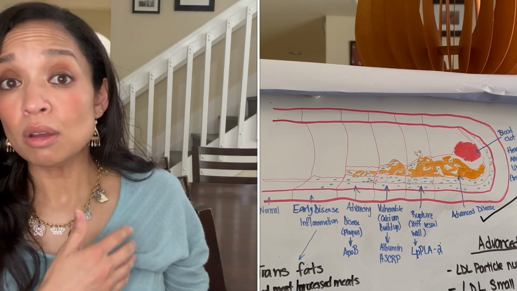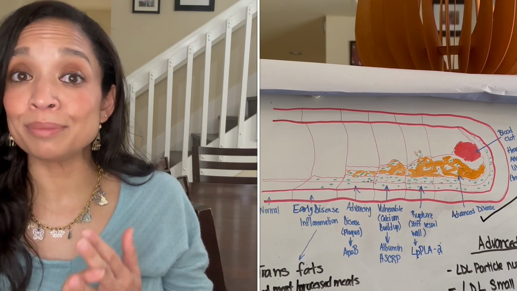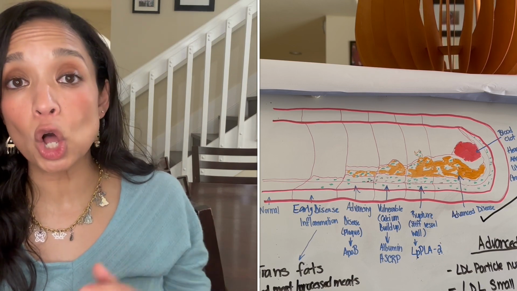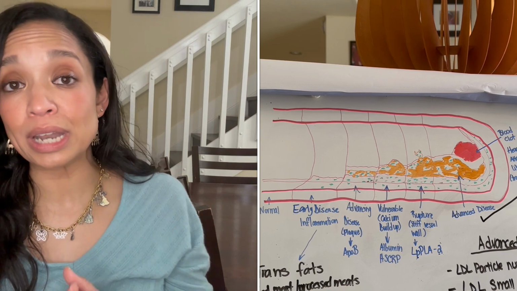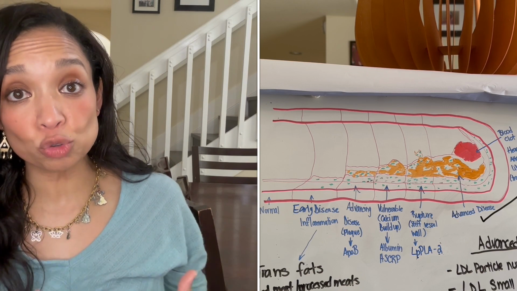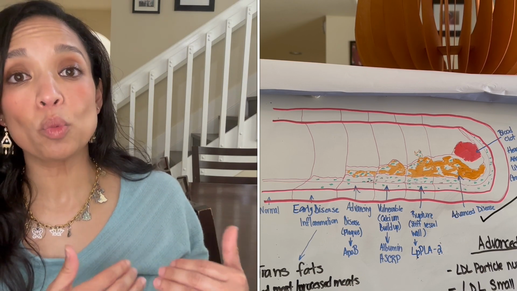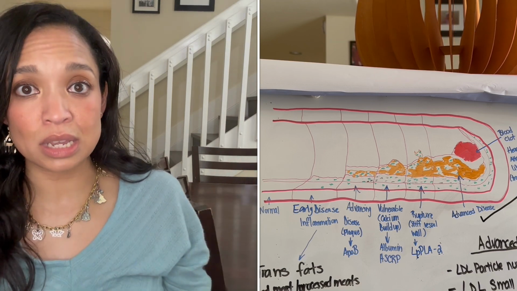And eventually, because of our dietary practices, not exercising, things like smoking and alcohol consumption, and those personal risk factors that you have because of genetics from your family, that plaque starts to build up in those surrounding structures of your heart. And this is where we begin to see that very early but advancing disease.